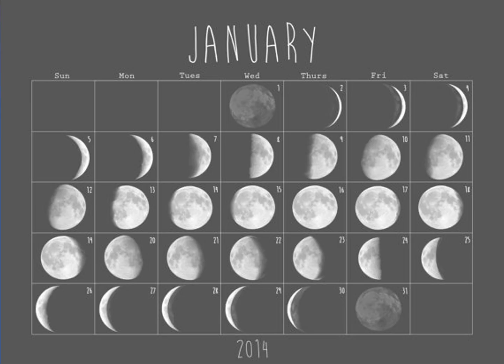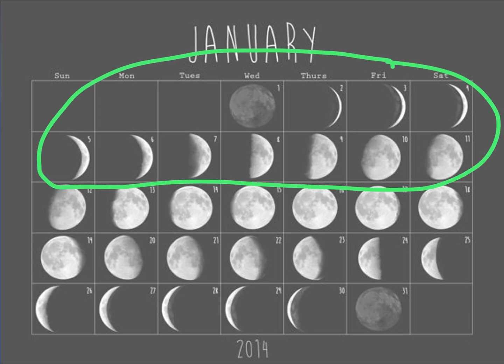Remember, the whole cycle lasts about a month. This calendar is old, but I'm showing this January 2014 calendar because the cycle began on the first day of the month. Notice the pattern. For the first 2 weeks, the moon's surface is lit more and more, and it's lit up on the right side.